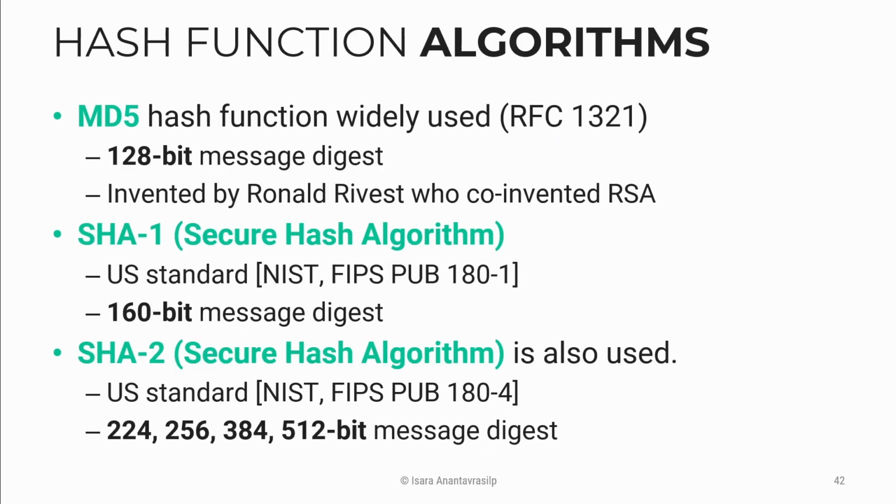So what are hash functions that we could use? One of the most popular algorithms is MD5. We have a new one coming up already, which is MD6. MD5, or message digest 5, produces a 128-bit message digest.